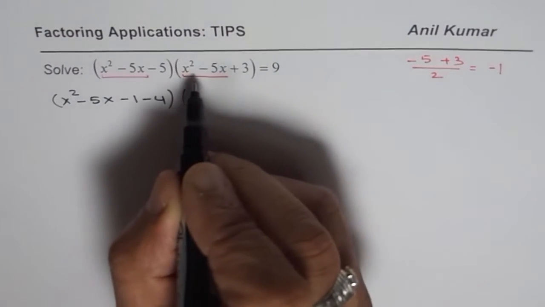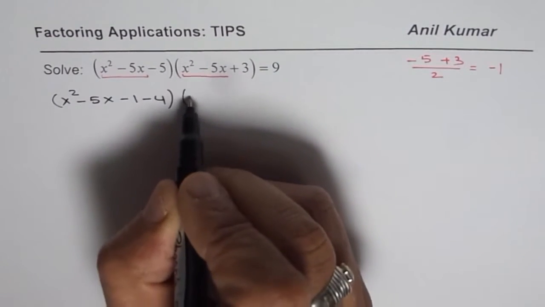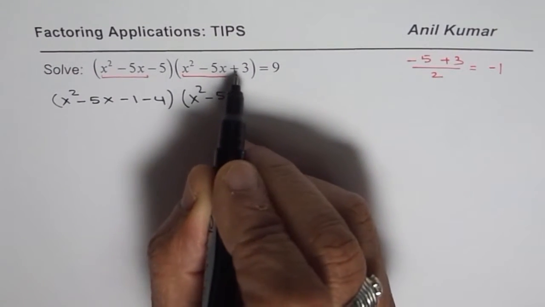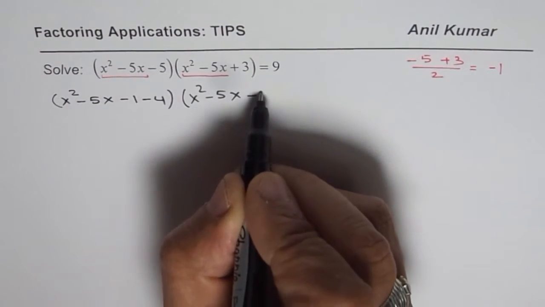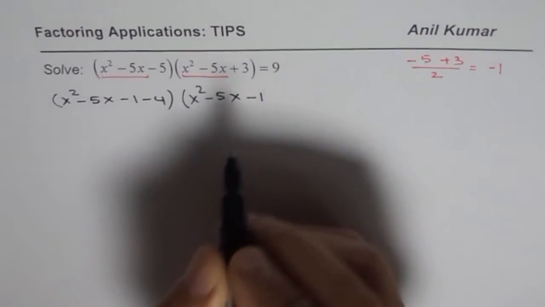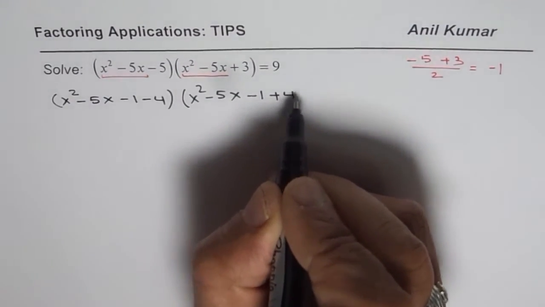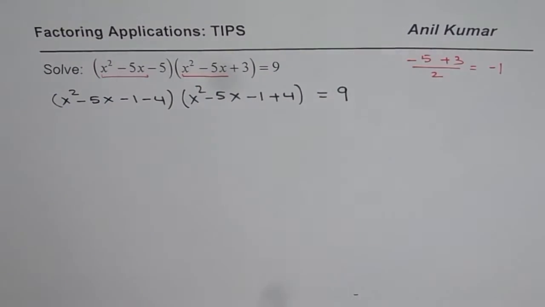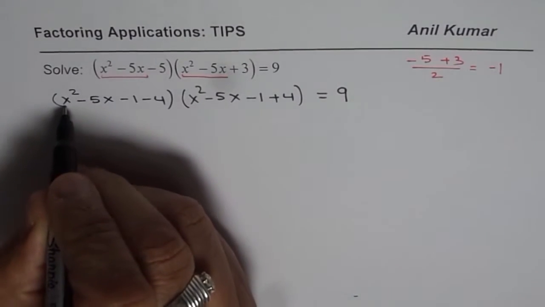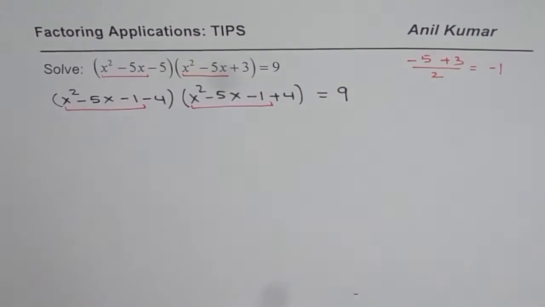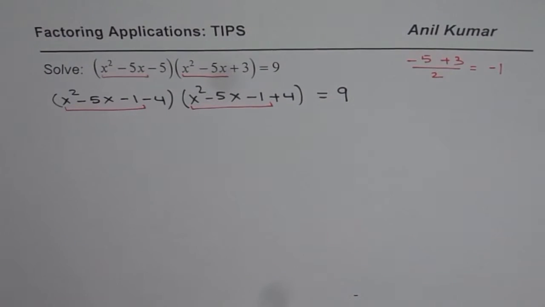In the next term, x squared minus 5x, let me copy that. Instead of writing plus 3, I have minus 1. Now these three terms are the same. To get plus 3, I should add 4. Do you see? So I get plus 3 equals 9. So that is the strategy which I have seen. What I did was I made 3 terms the same. Do you get the idea?